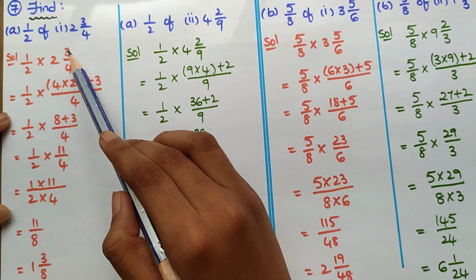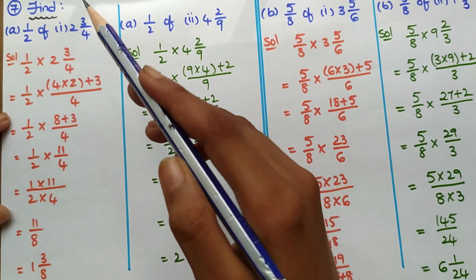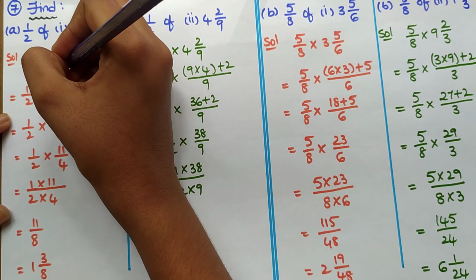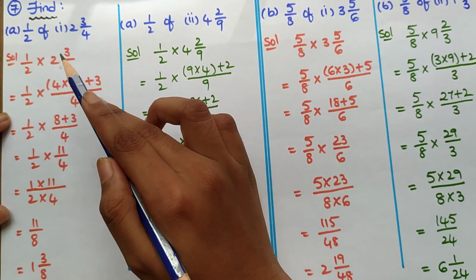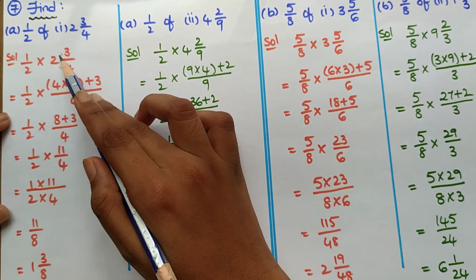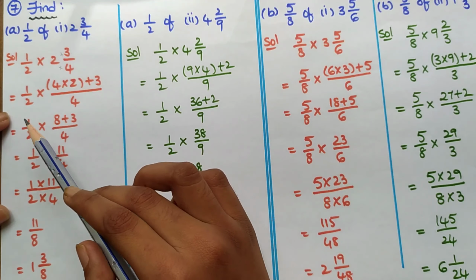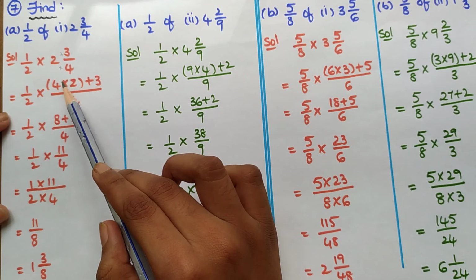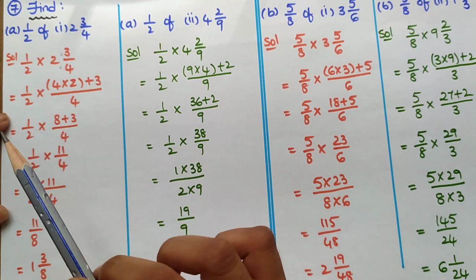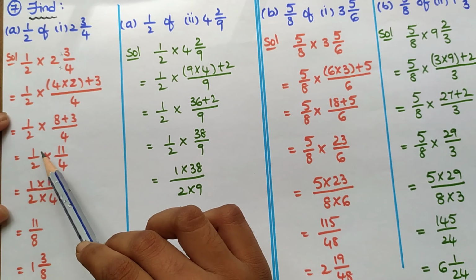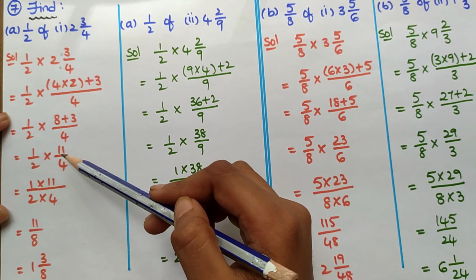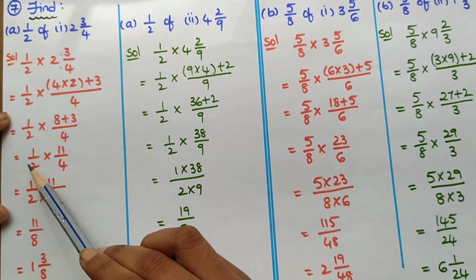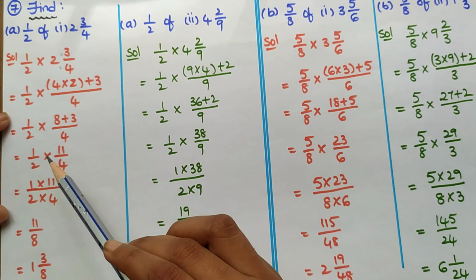So let us convert this mixed fraction into an improper fraction. 4 into 2 plus 3 by 4. So 1 by 2 into 4 into 2 plus 3 by 4. 1 by 2 into 4 into 2 is 8 plus 3 by 4. 1 by 2 into 8 plus 3 is 11 by 4. So 1 by 2 into 11 by 4.